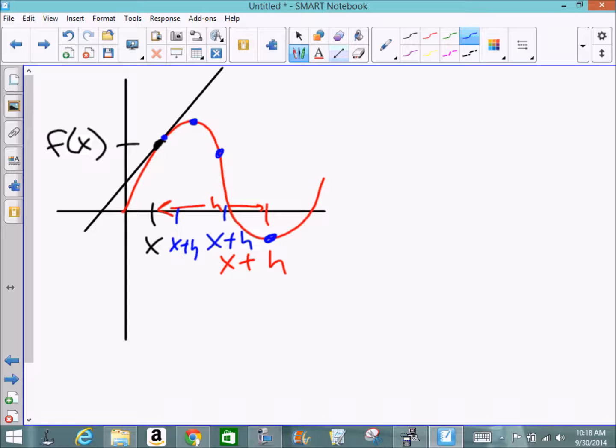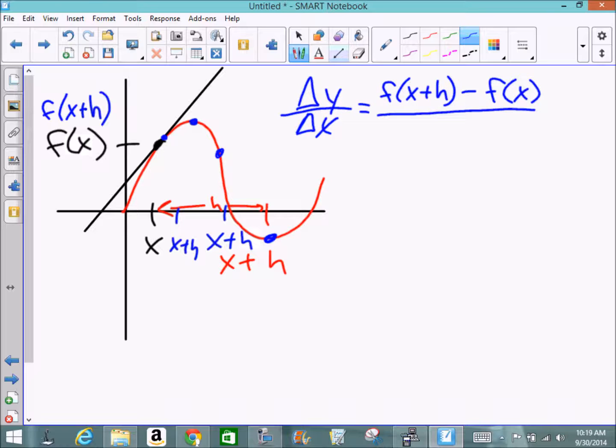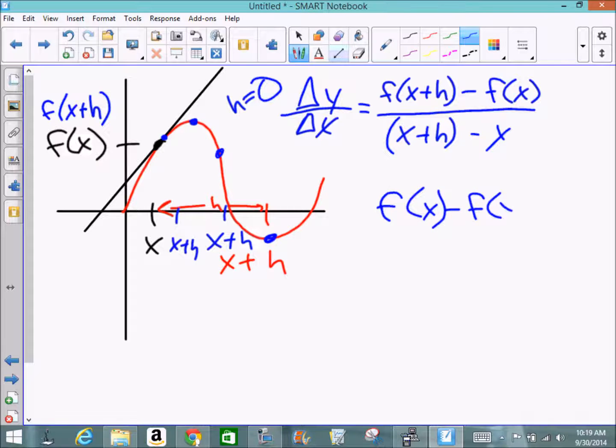In other words, if I let h approach 0, then what I'm going to end up with is the instantaneous velocity. So if I take f of x plus h minus f of x all over x plus h minus x, and we let h equal 0, but we can't, because when we simplify this, I'm going to get some funny business, and I'll have like 0 over 0, and we can't have that.